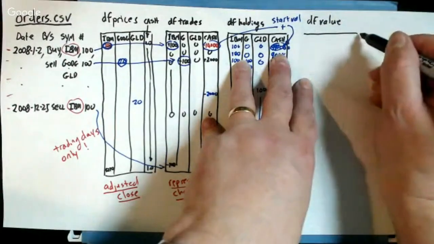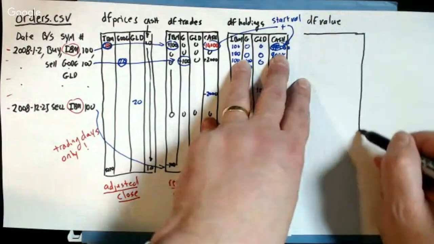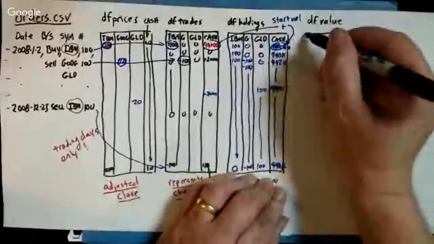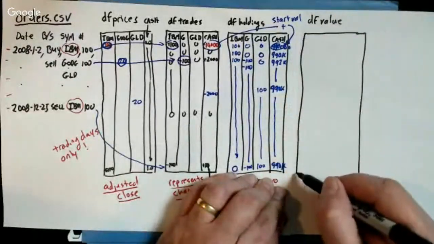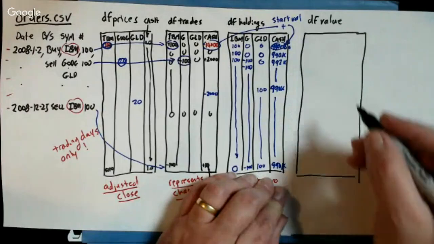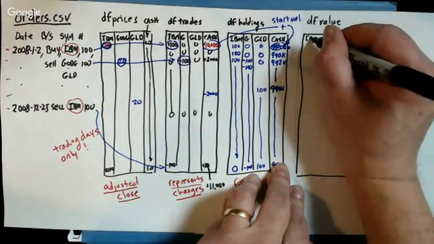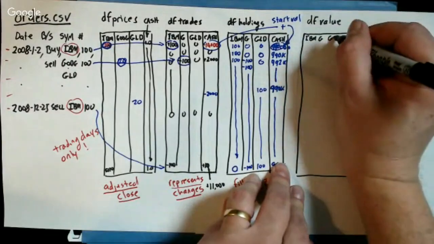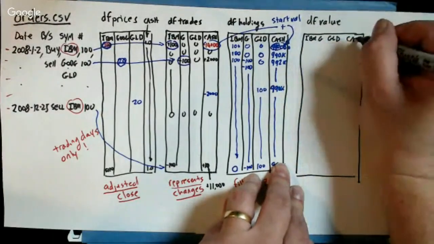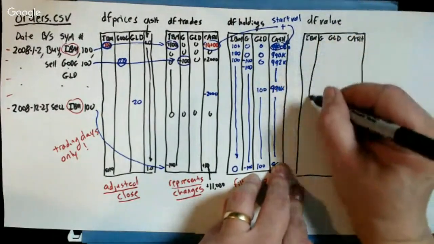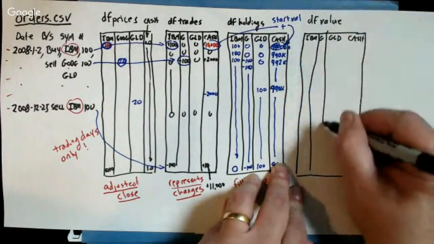This one represents what is the monetary value of each of our assets on each one of these days. So same columns. Four columns.